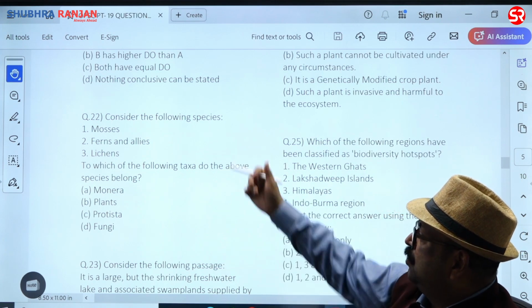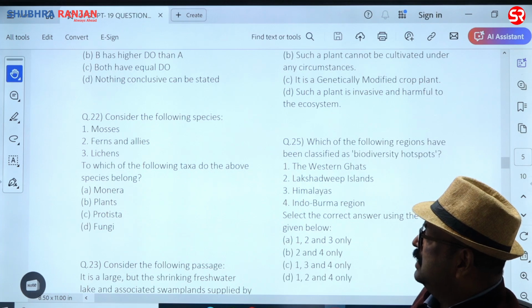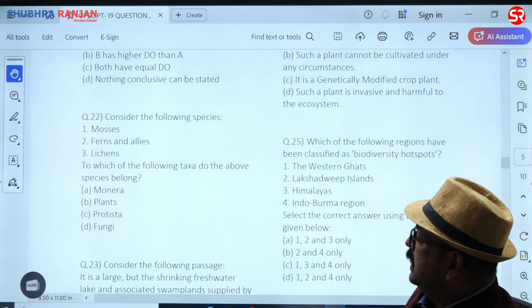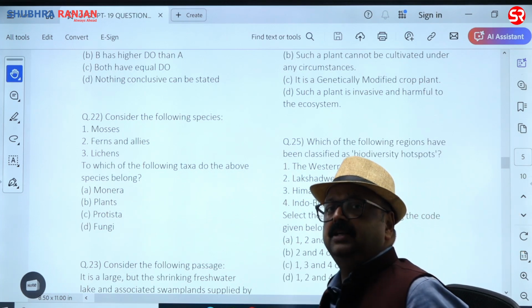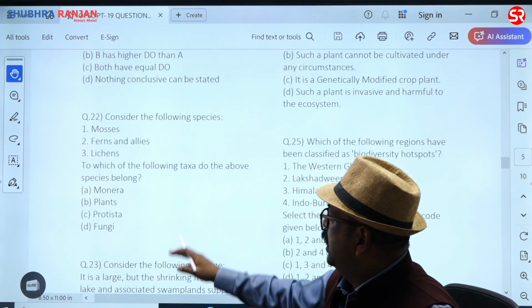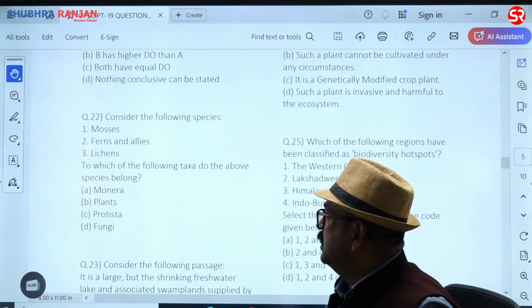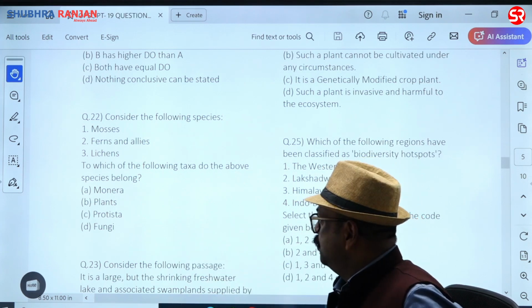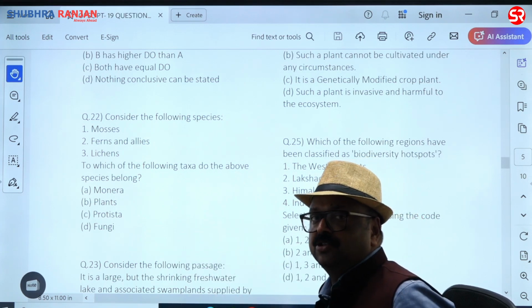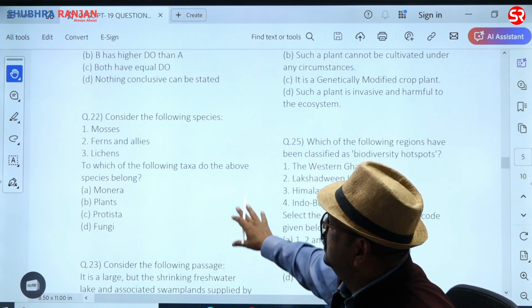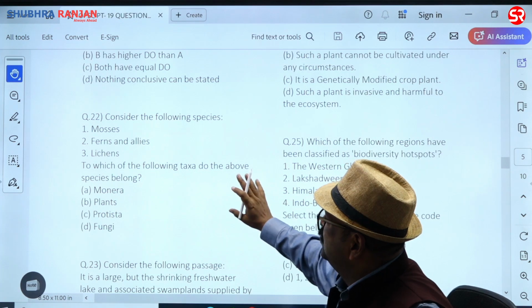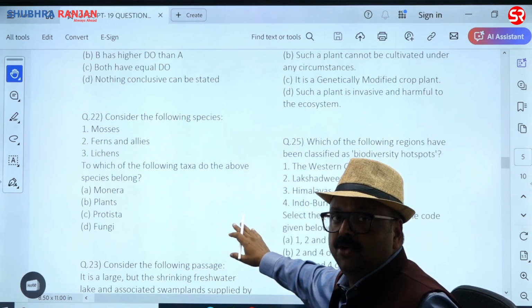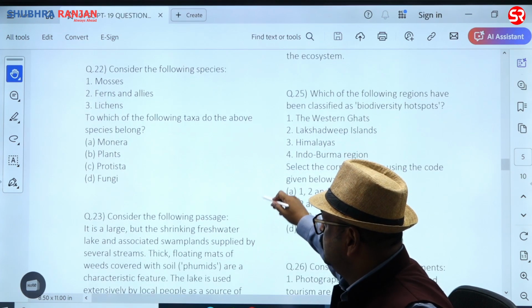Plants include mosses, algae and ferns, as well as bryophytes, pteridophytes, gymnosperms and angiosperms, and including lichen, and fungi is a different group. So the five kingdom classification of Whittaker is here, and this is a very basic general science question, as well as equally important for environment and ecology.